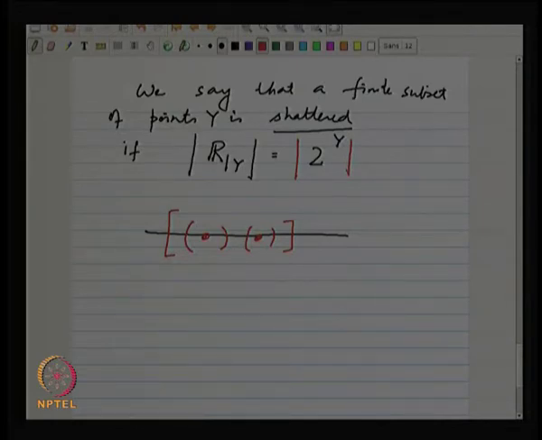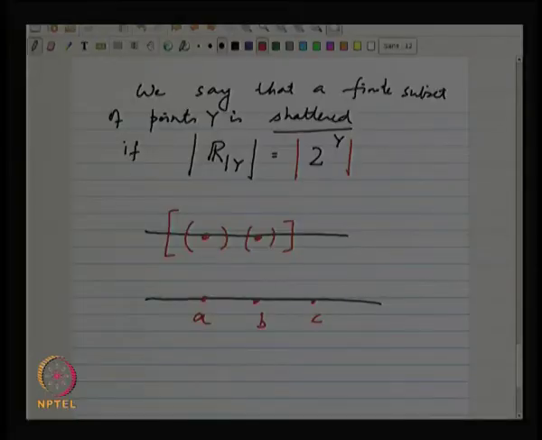Now let us see how about 3 points. Can this be shattered? Can we have all possible subsets where my subsets are defined by intervals?